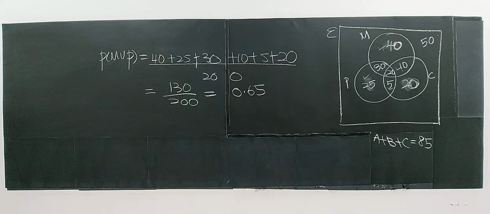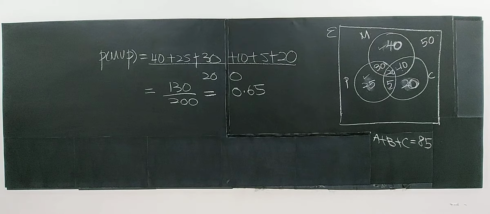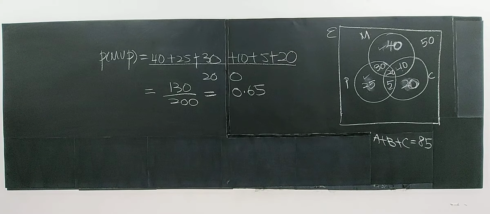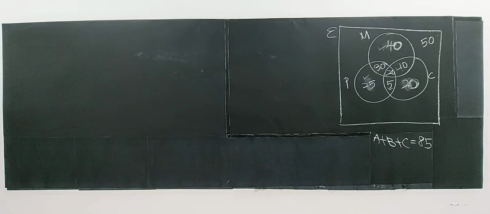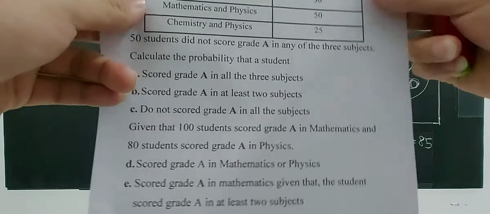After that, I'm going to introduce conditional probability, finding conditional probability by using the Venn diagram. Let's look at the next question.